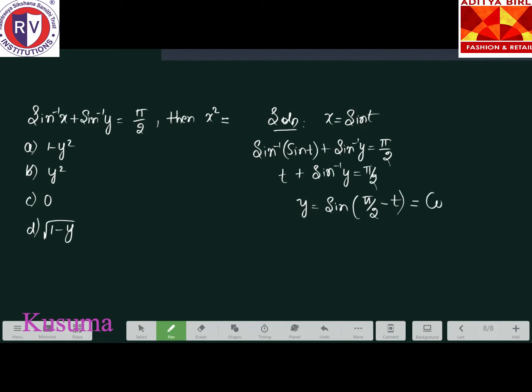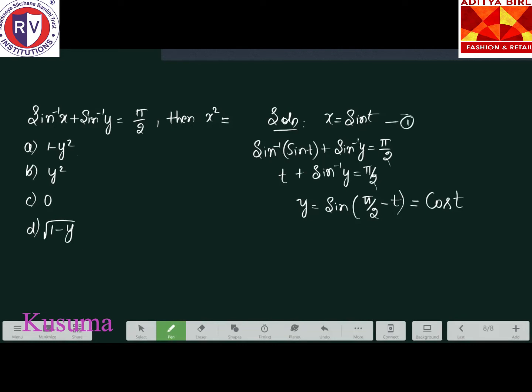Yes, very good. Sine of pi by 2 minus t is cos t. Now we got the value of y. Why we need the value of y means all the options are in terms of y, right? So we got the value of y. We have to find out x square. Let this be equation number 1.